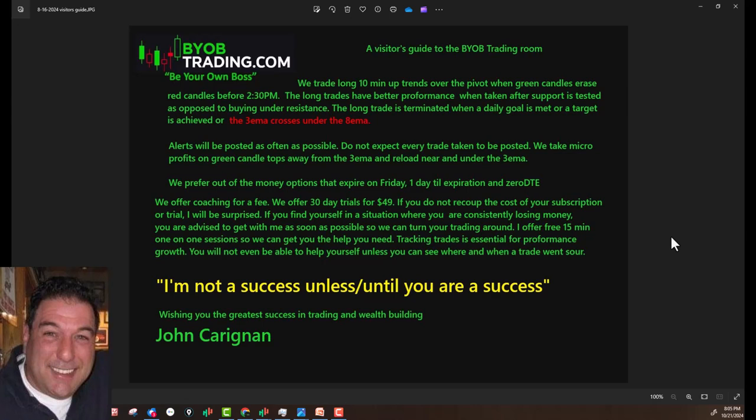Let me go back here a second, I'm getting ahead of myself. On a long trade, I like to terminate the trade when, on the 10-minute chart, the 3 EMA crosses back underneath the 8 EMA. I classify a 10-minute uptrend as the 3 EMA being on top of the 8 EMA and price on top of the 3.